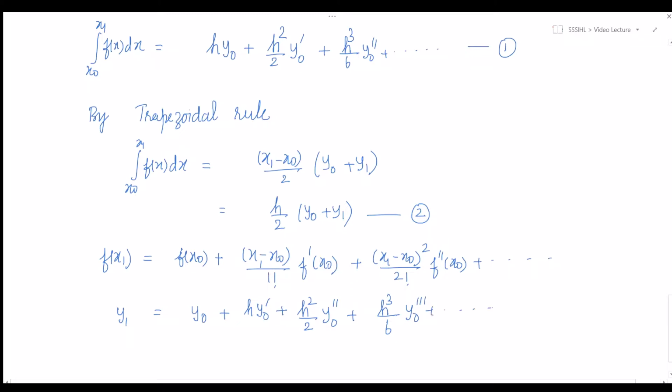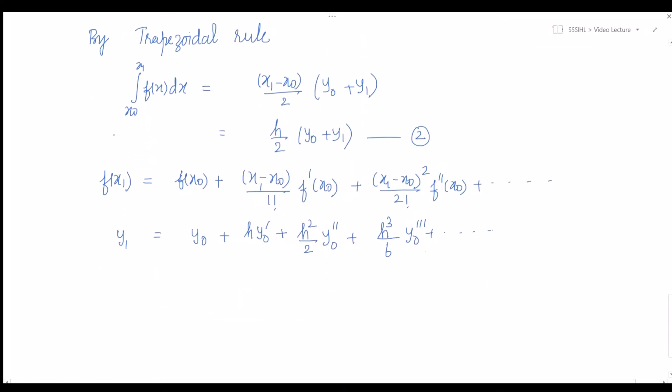So substituting this in equation 2, this is T1 of f in that interval. We can say it is the area of that trapezium: distance between the parallel sides by 2 into the sum of the lengths of the parallel sides.